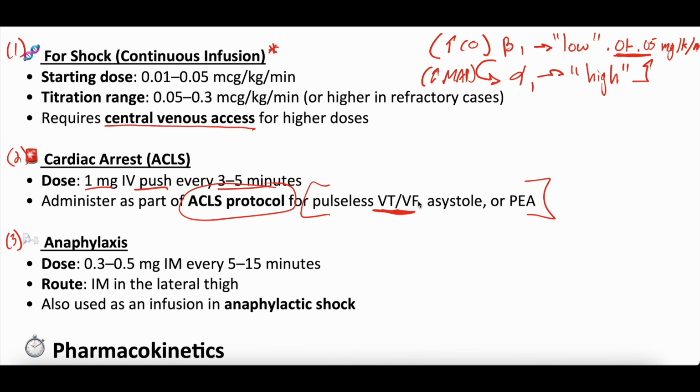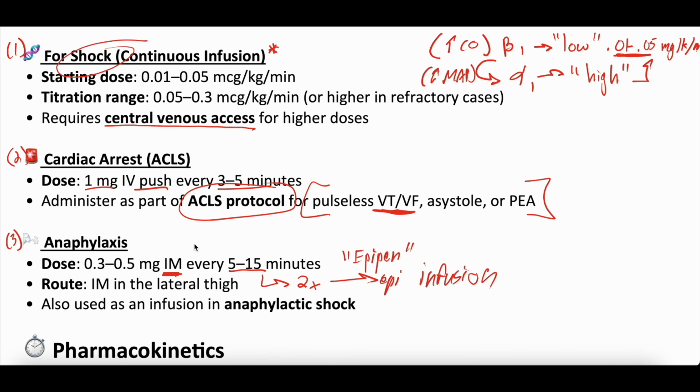And then anaphylaxis, you're actually giving it IM, intramuscular, right? This is an EpiPen. If people have heard of EpiPens, hopefully you have. It's 0.3 to 0.5 milligrams intramuscular every 5 to 15 minutes. If it is refractory to 2 doses, in our practice pattern, we actually start an epi infusion, which is similar to if patients are in shock, that continuous infusion.